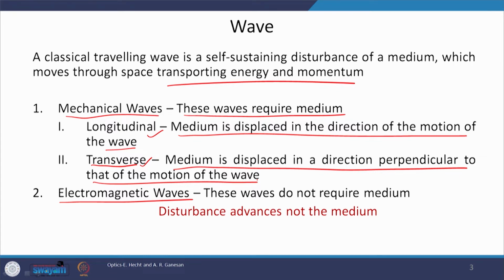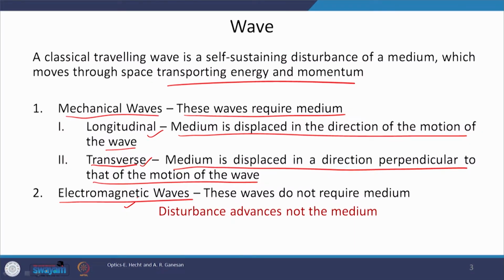If you drop a cork ball in the water, you will see that due to the movement of the wave, the cork moves up and down slowly, which represents that the medium is displaced in a direction perpendicular to the motion of the wave. The wave is moving radially outward at the water surface, and the cork ball is moving up and down. This is an example of a transverse mechanical wave.